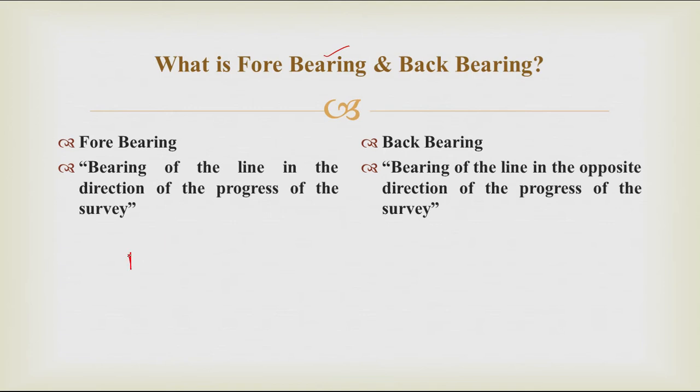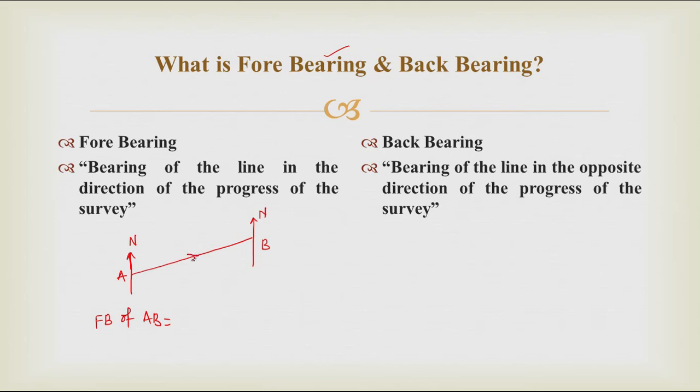If I draw a line, let's say this is line AB, right? And this is the north direction. Then the fore bearing of line AB is nothing but the angle made by this line AB.